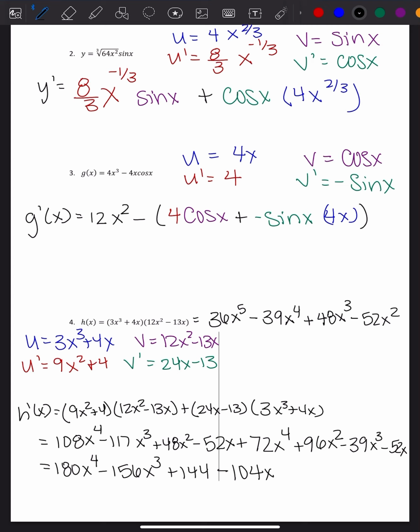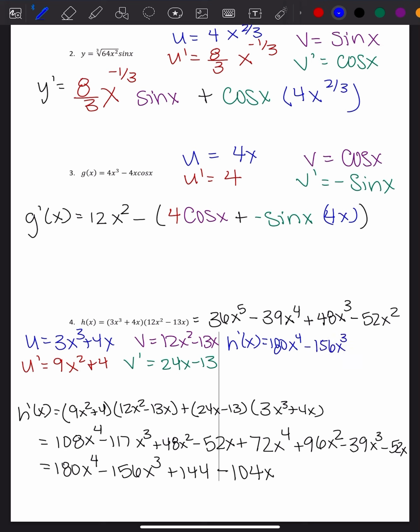Okay, so if I wanted to take the derivative of this using power rule, 5 times 36 to give me 180. We take 1 from the exponent. 4 times 39 to get us 156.